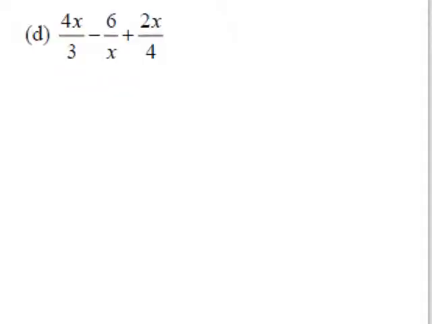Okay, so to find our least common denominator, the factor of the denominator for the first fraction is 3. The factor for the second fraction is x, and the factor for the denominator of the third fraction is 4, and 3 times x times 4 is 12x. So that's our LCD.